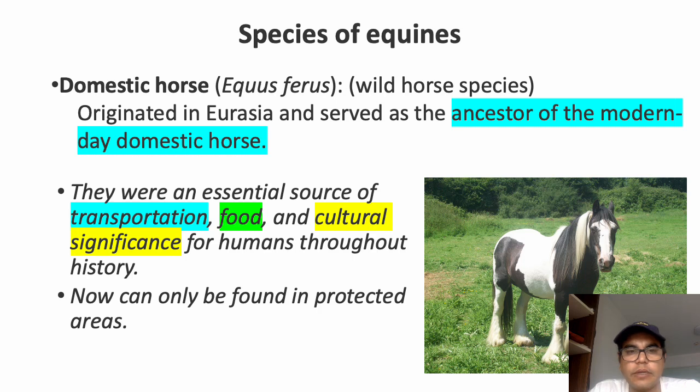We will not go into detail of each structure because this will be discussed in other lectures. Today we are just going to learn about the species, their living place, as well as the purpose of their farming.